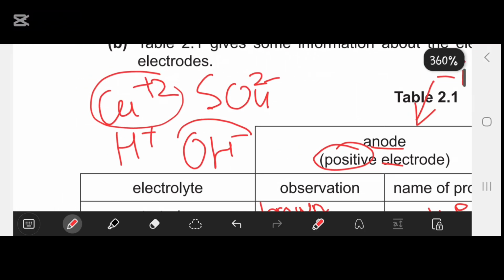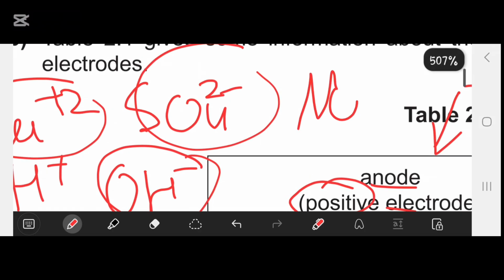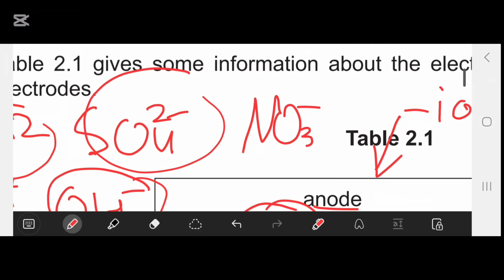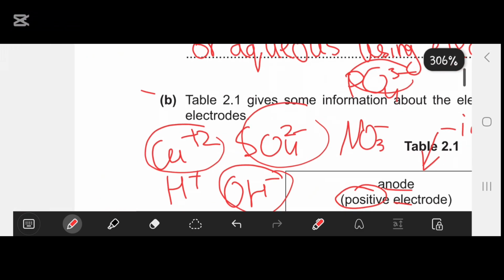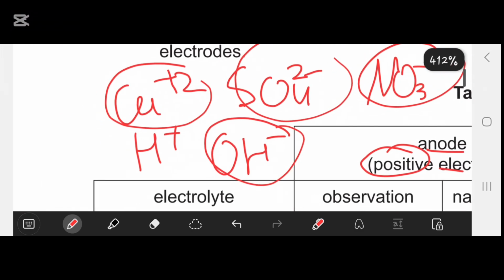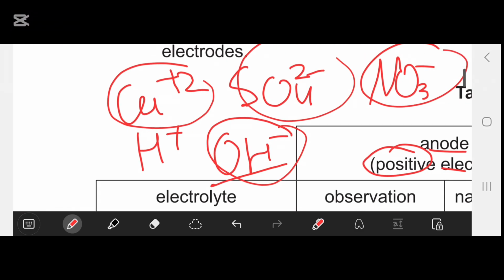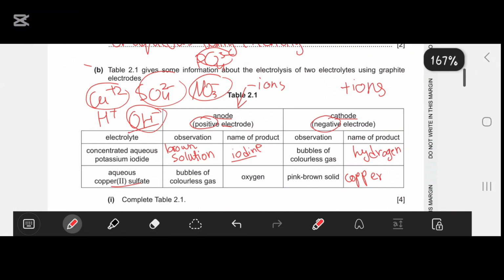But personally, we will take the hydroxide ion because sulfate ions, nitrates, and phosphates, any complex ion, cannot be taken by the anode. So we only focus on ions such as hydroxide, or maybe iodide, chloride, sulfide, any normal ions, not complex ions.